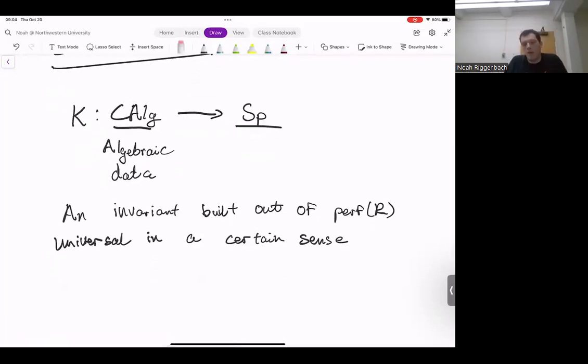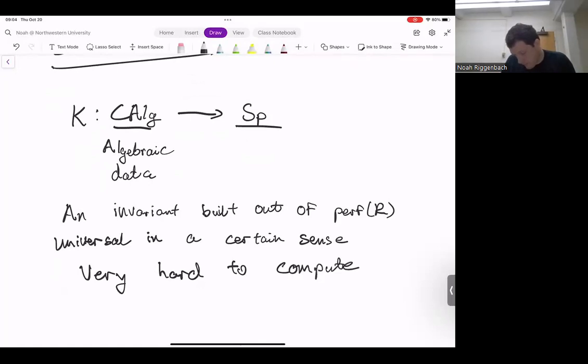The other thing I want to mention about K-theory is that it's famously very hard to compute the homotopy groups.